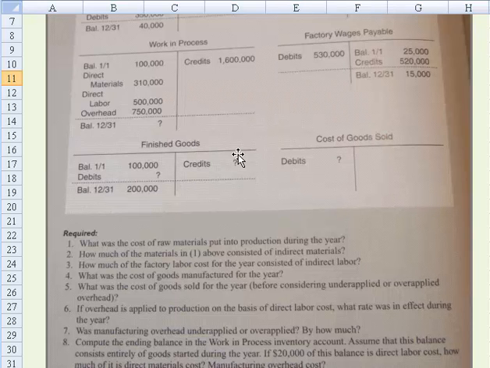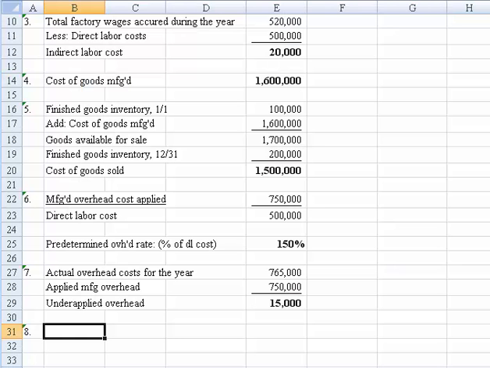I'll go real slow so that we get this right. 1660 less 160 of the credit gives us a 60,000 work in process balance. Okay, so let's write that down. Let's say the balance in WIP at 1231 was equal to 60,000.